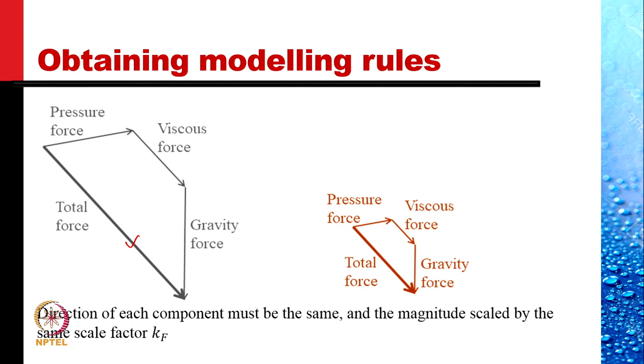The direction of each component must be same, and the magnitude for each of the component forces should be modeled by the same scale factor Kf. This is the crux of the argument that we use for obtaining modeling rules. So it's not only the total force that must be scaled by a constant scale factor Kf, each component must be scaled by the same scale factor Kf.